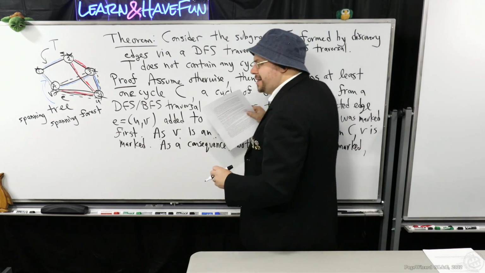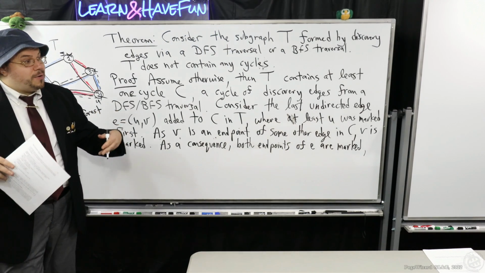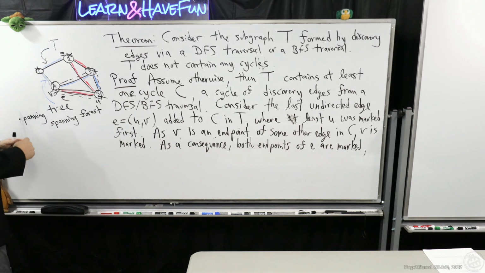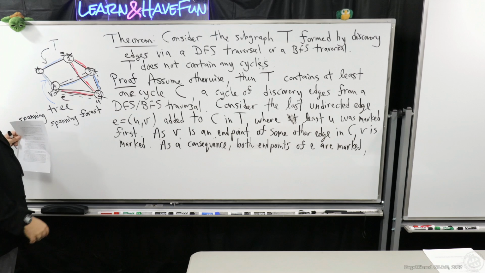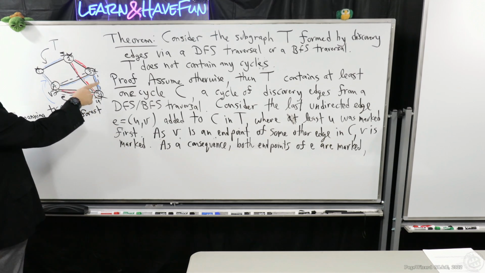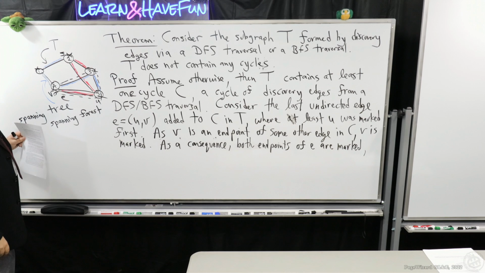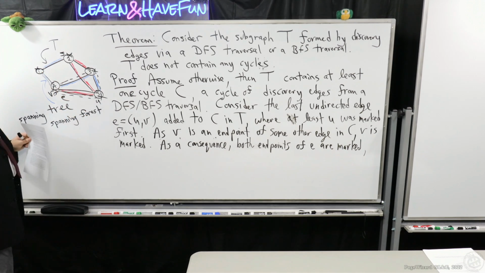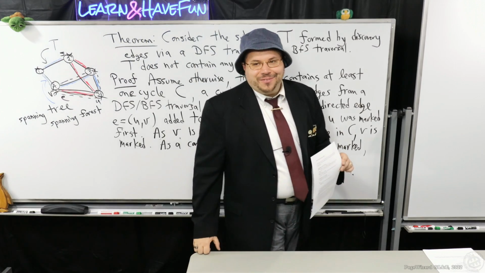But what does that mean then in either algorithm? Is it a discovery or forward edge? Let me walk you through. Remember, suppose that we were at this vertex at that time and we added this, under our assumption that this is in fact a discovery edge. However, we've observed that this endpoint is also marked. In either algorithm, this would not have been labeled a discovery edge, right?